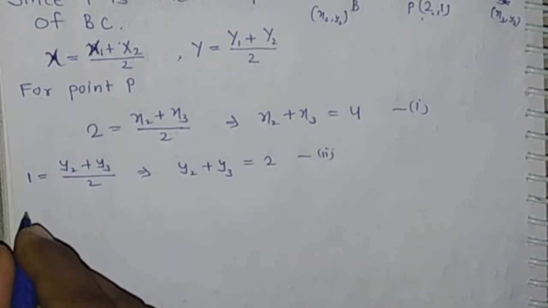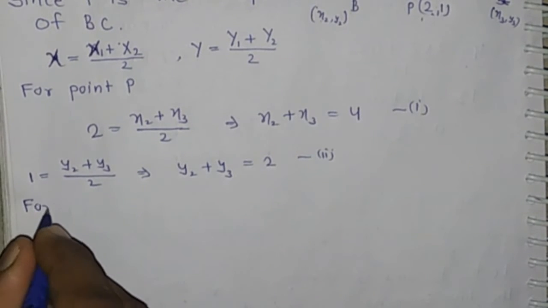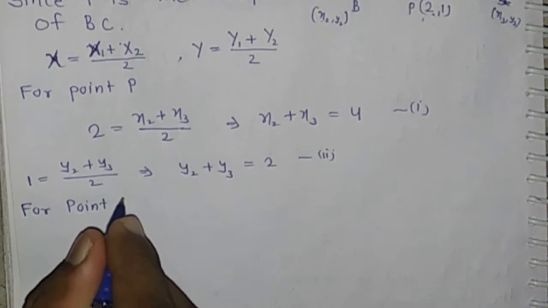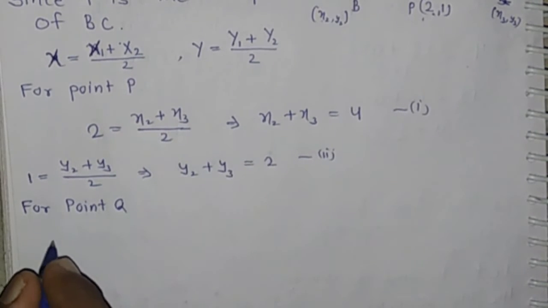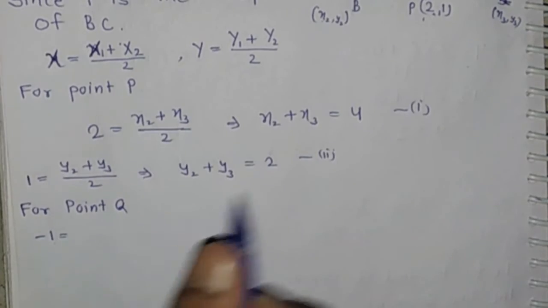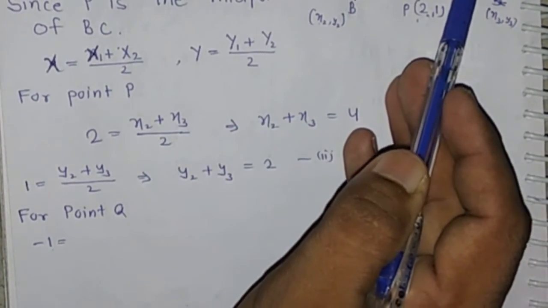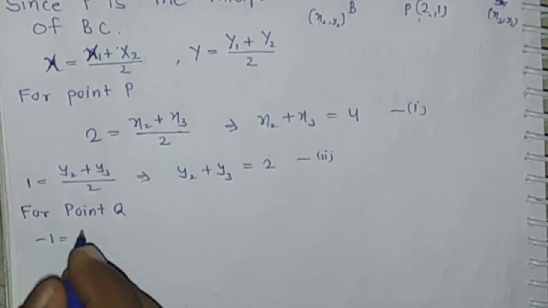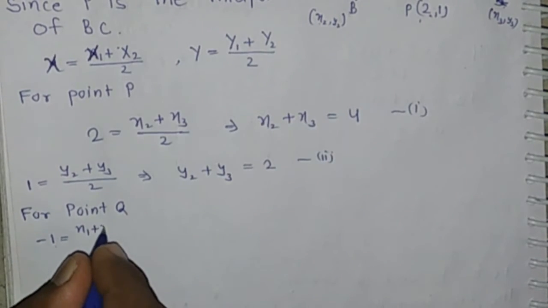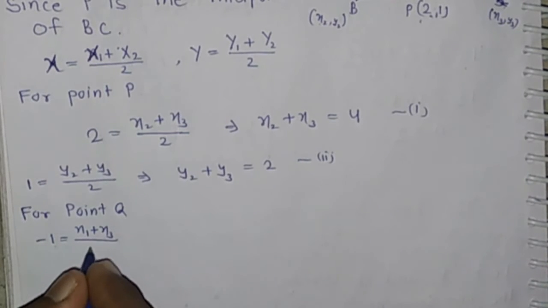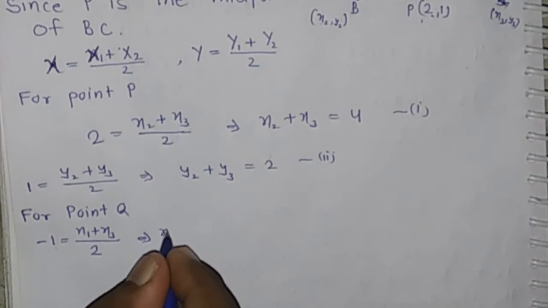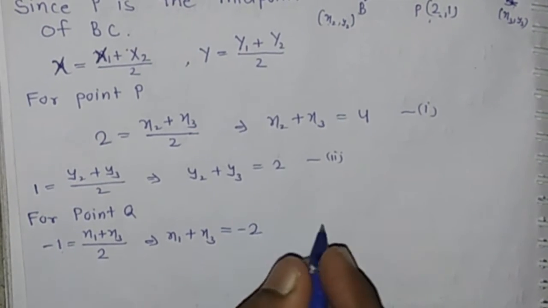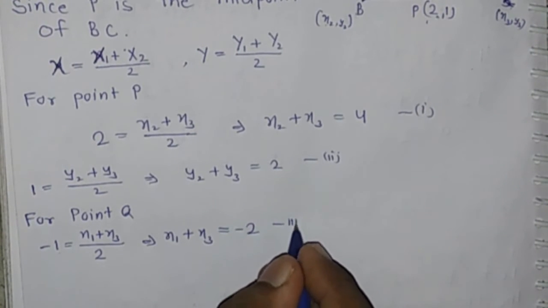Similarly for point Q we have -1 equal to (x1 plus x3) by 2, then we have the equation x1 plus x3 is equal to -2. It is equation 3.